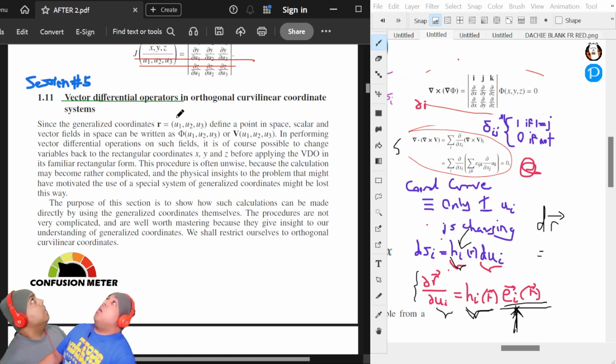Since the generalized coordinates u1, u2, u3 define a point in space, scalar and vector fields in space can be written as chi, or as phi(u1, u2, u3), or V(u1, u2, u3).